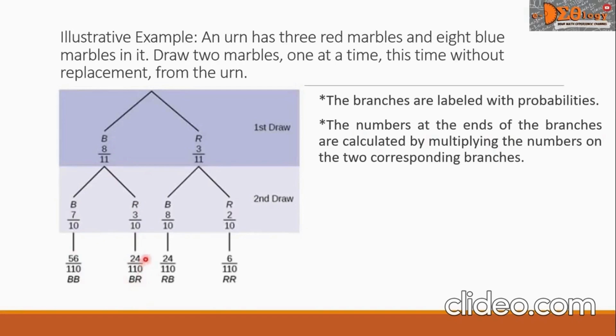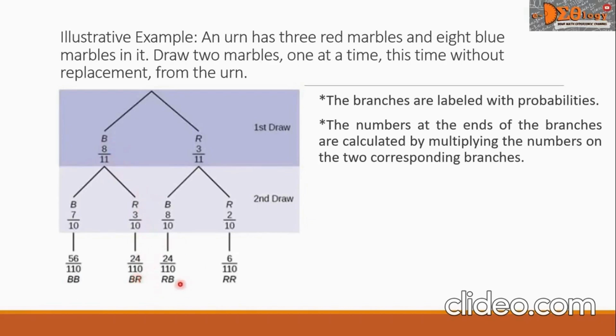Also, this 24 over 110 is the product of this 3 over 10 and 8 over 11. So that is 8 times 3 is 24 and 11 times 10 is 110.